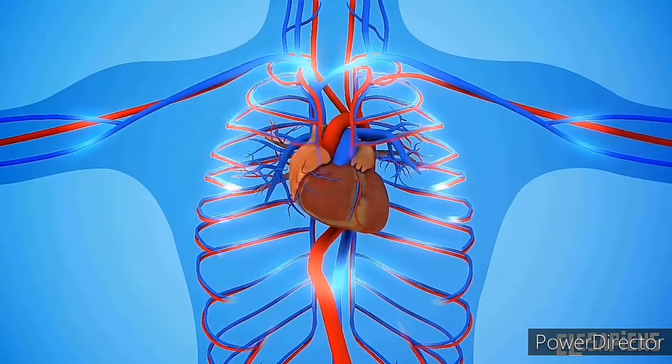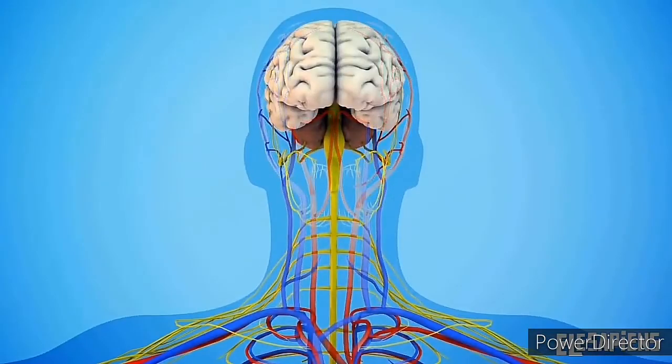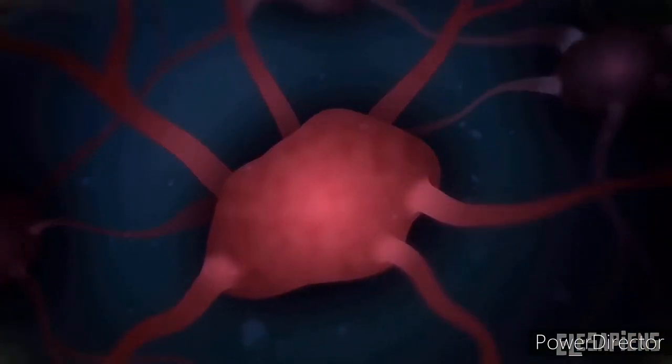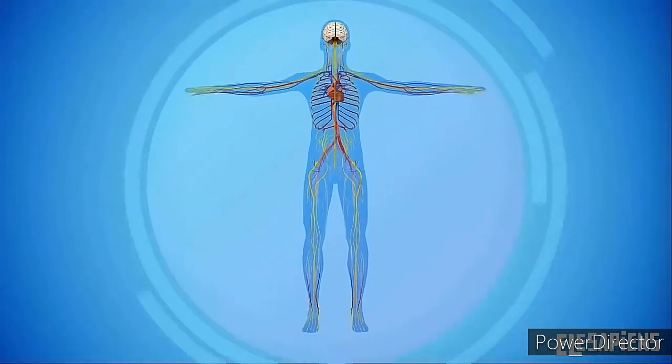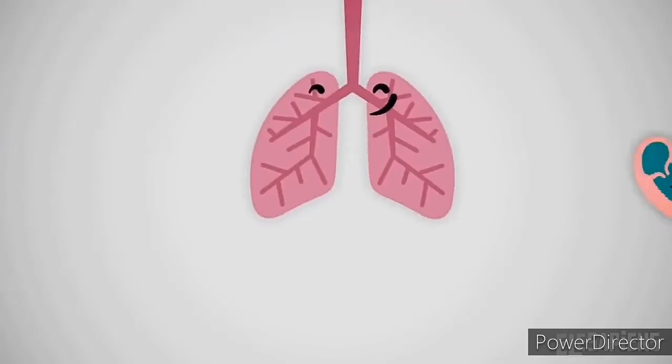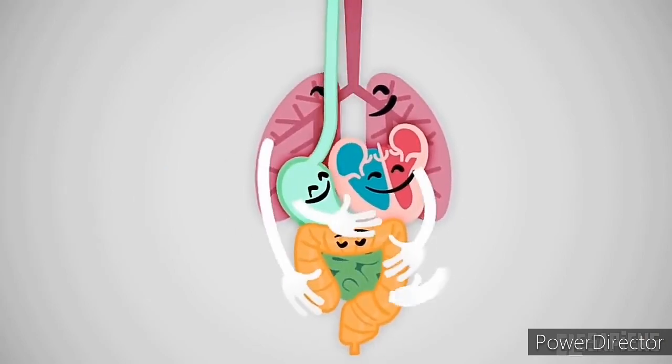But nothing can move without the directions of the nervous system that controls and coordinates all the actions we carry out, sending and receiving signals throughout the entire body. Voluntary actions such as kicking a ball, and involuntary actions such as blinking or breathing. The different organs that make up each system need each other.